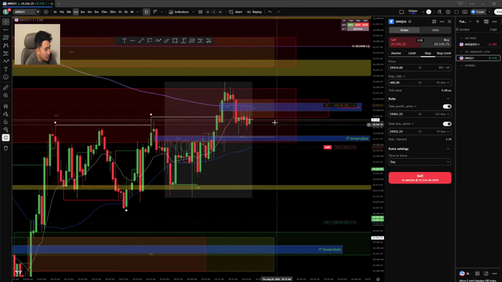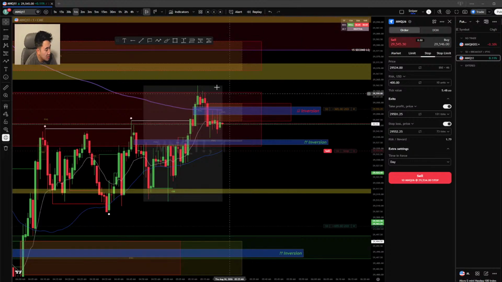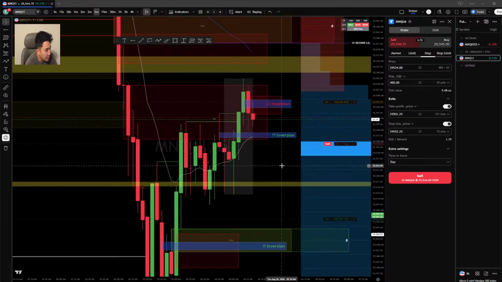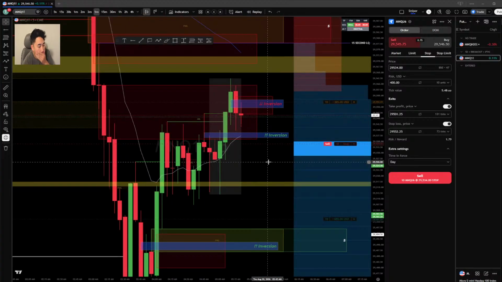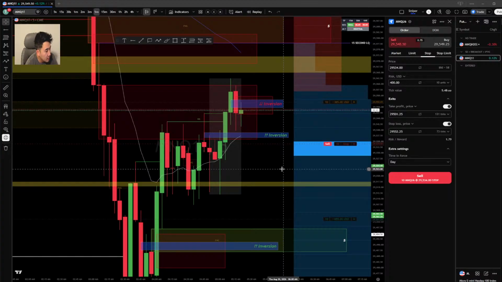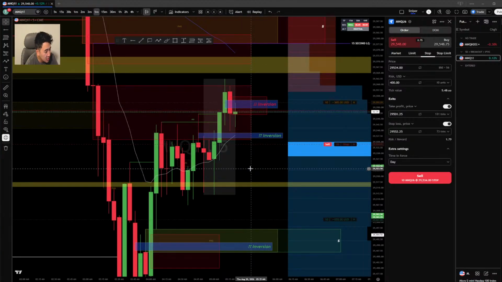On the 1-minute, you have a bearish FVG on top of a bearish FVG on top of a bearish inversion. The price is going to hold this area right here. Go back to the 5-minute. Looking for that drop and close over the 13 EMA.